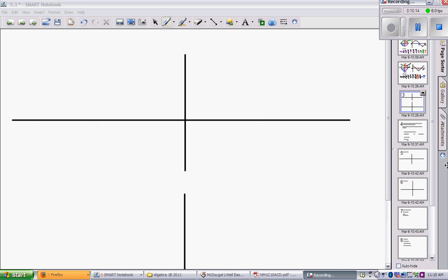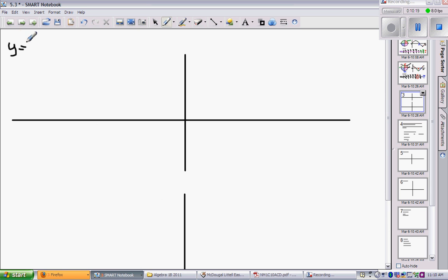So for the general graphs of sine and cosine, if we have y equals sine of x, it starts at 0, 0. Its max height is 1. Its minimum height will be negative 1. The circumference of the circle was 2 pi, so we just rolled it out and it followed this path, so it is 2 pi.